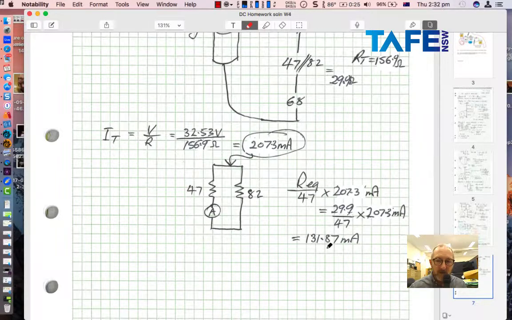There was a lot of questions there, and there's an awful lot of information to know. This is covering current dividers, Kirchhoff's voltage and current law, series parallel circuits. It's covering a lot of stuff.